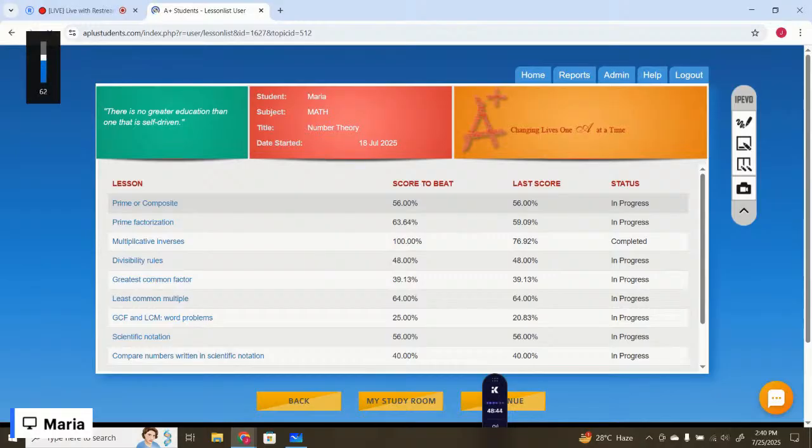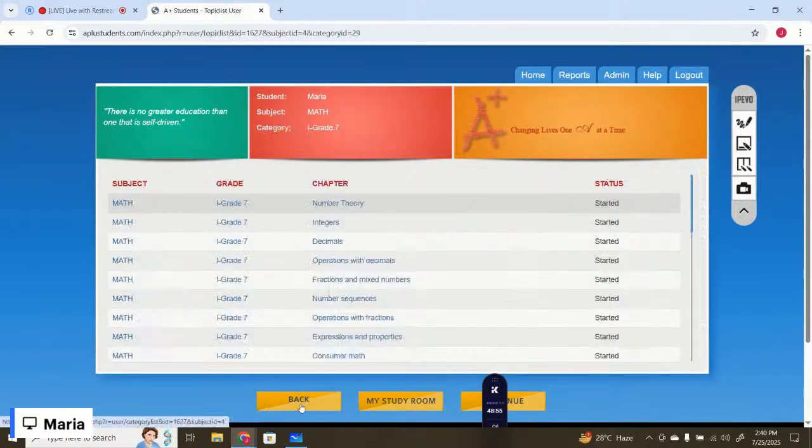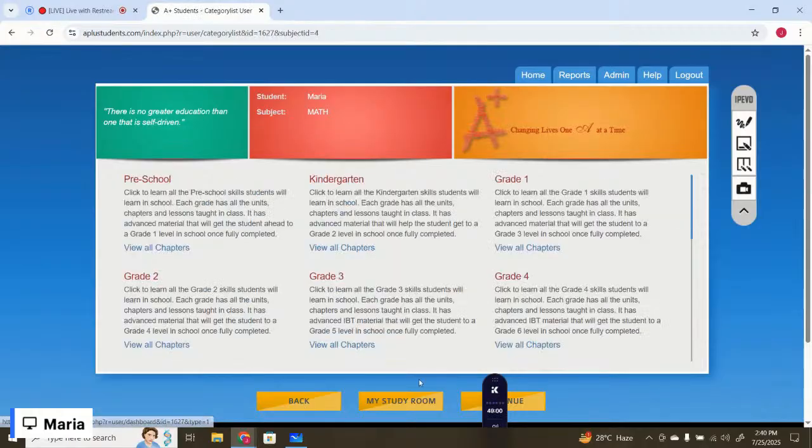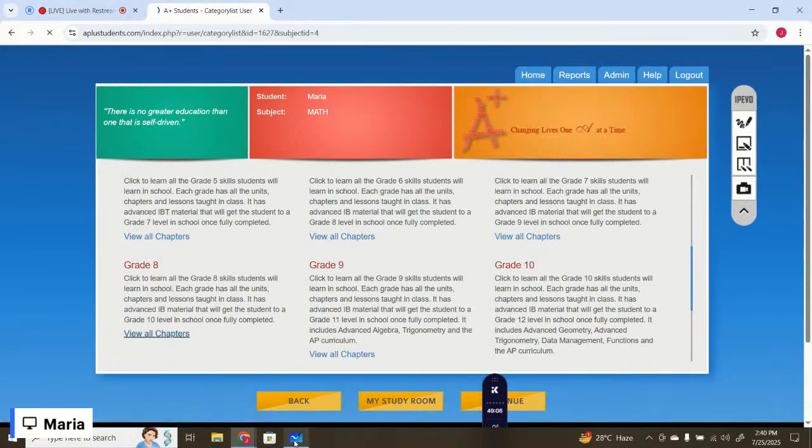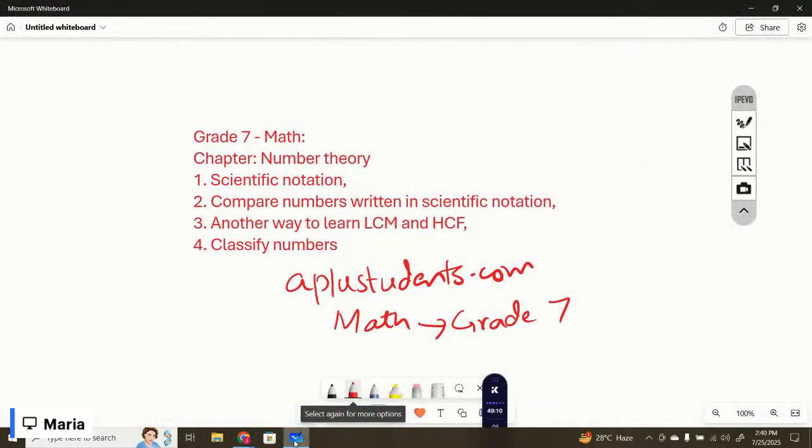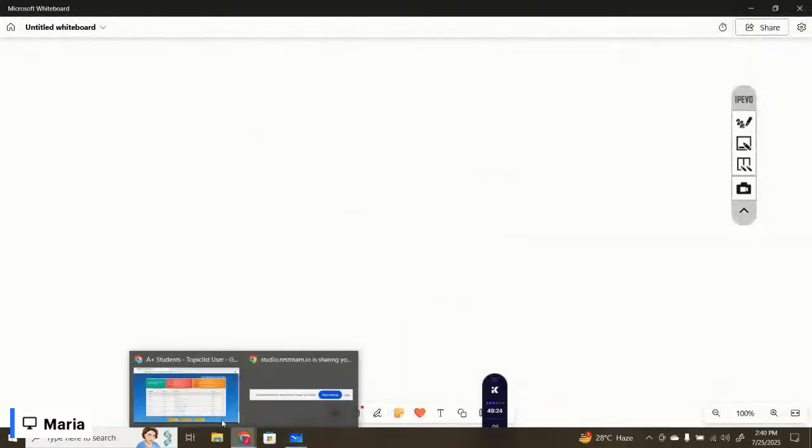The lessons we have covered today are scientific notation, comparing numbers written in scientific notation, another way to learn LCM and HCF, and classify numbers. Please make sure before the next session you complete all the practice questions for the lessons we just did. That is your homework until the next session.